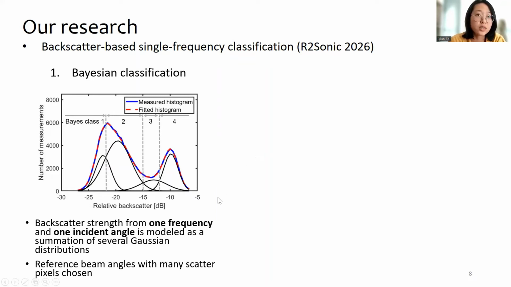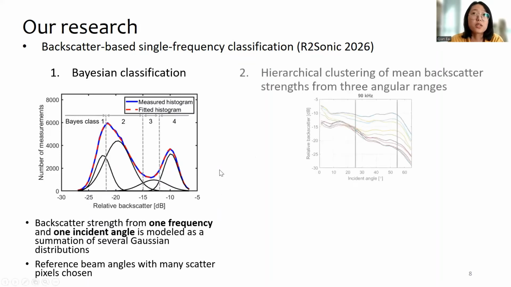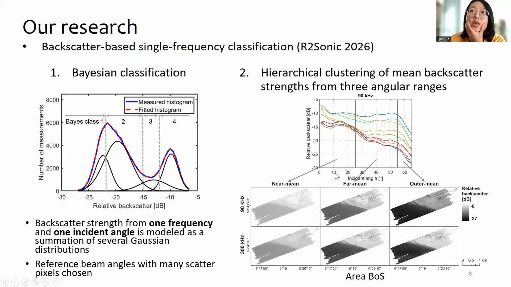This is a nice way to deal with relative backscatter, but it only considers information from the individual beam angles, so it neglects information from other angular ranges. So we did another classification method, which chooses 3 mean backscatter values from 3 angular ranges: 0 to 25 degrees, 25 to 55 degrees, and 55 to 65 degrees.